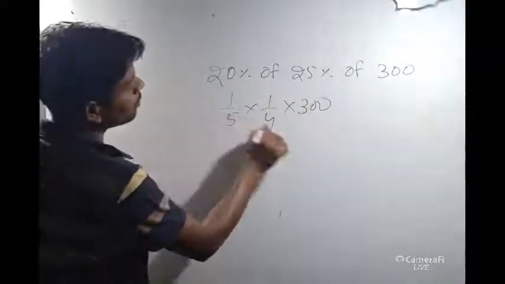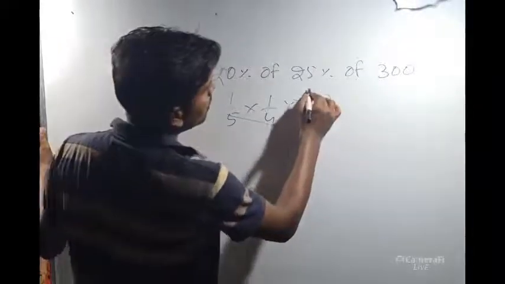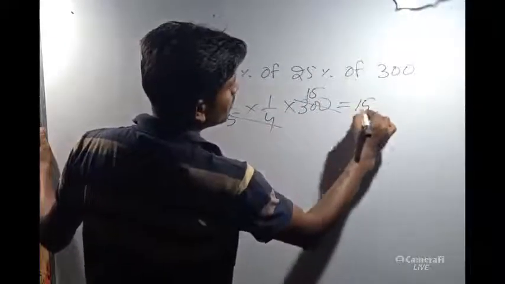Then 5 into 4 is 20, and 300 by 20 is 15.